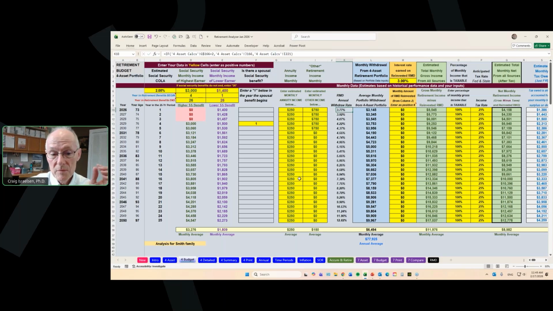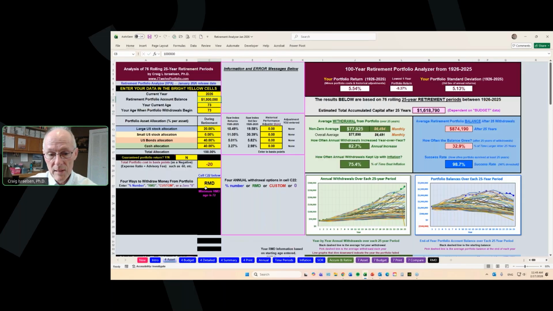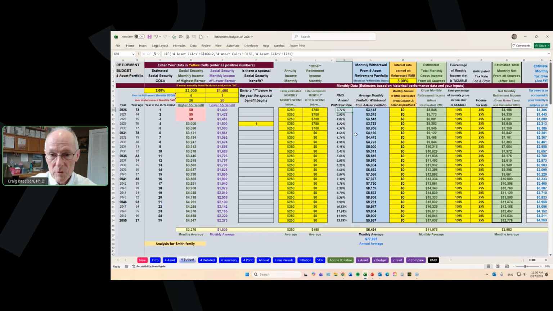Well, based on the information that you've already entered, the RMD is the driver of how money is coming out of the portfolio. So that is reflected right here in this next column. These are the RMD withdrawal rates, 3.77, 3.92, 4.07, and so forth. Come all the way down in year 25, your RMD is 12.82%.